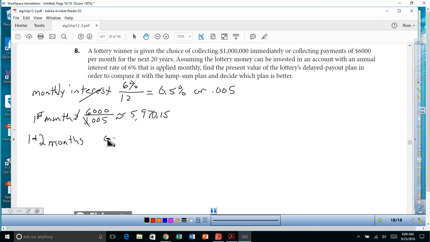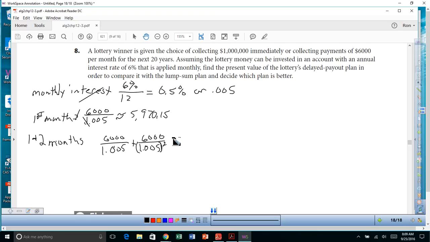So that would be 6,000 over 1.005 plus 6,000 over 1.005 squared.